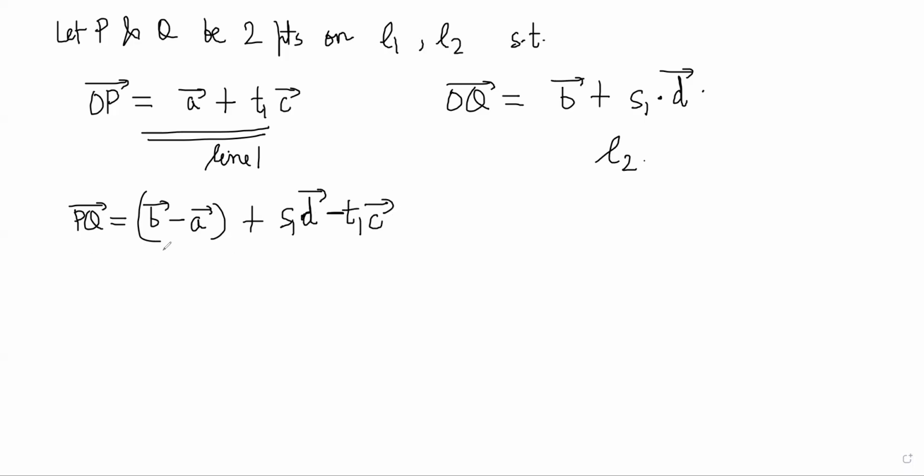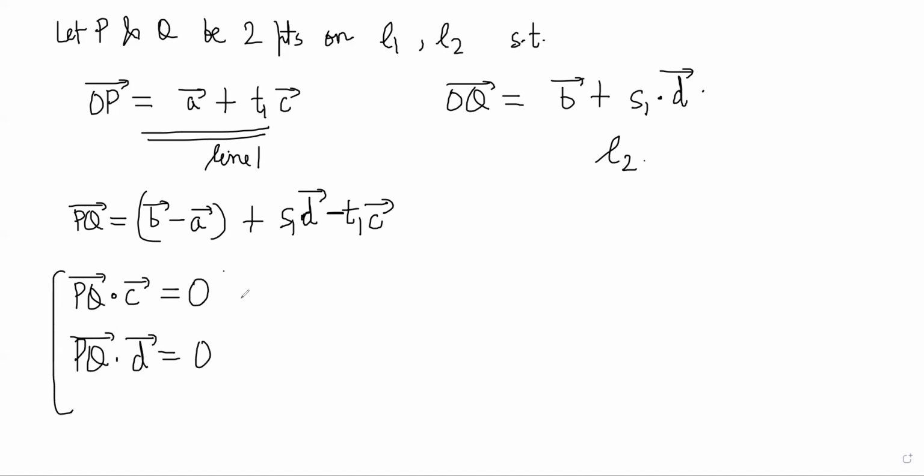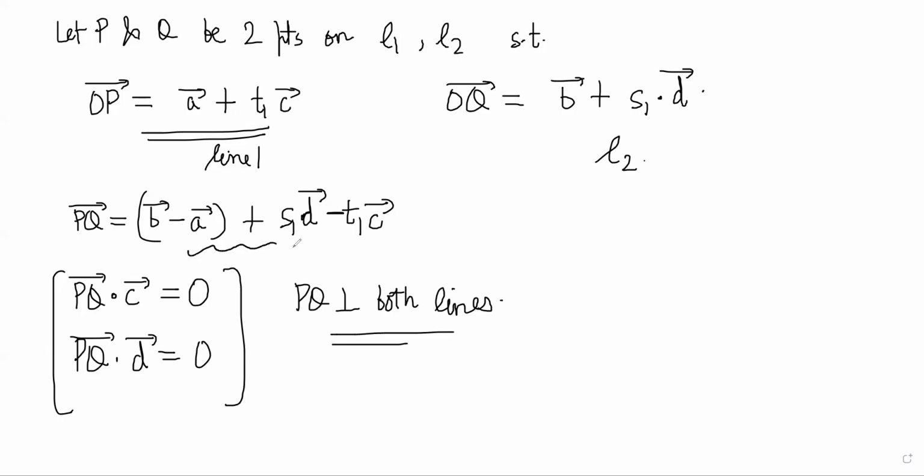This is my PQ, and we have to show that PQ dot C is 0 and also PQ dot D is 0, because we have told that PQ is perpendicular to both lines, right? So if you use this equation that PQ is perpendicular to both lines, you will be able to find S1 and T1. You have to solve that equation.